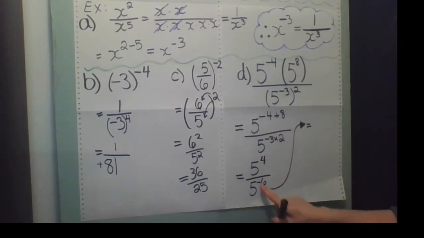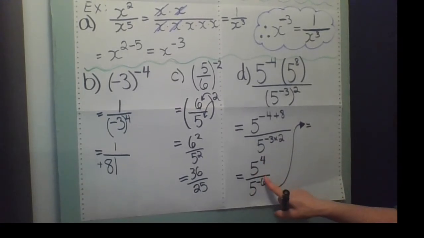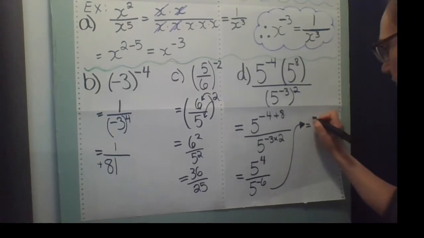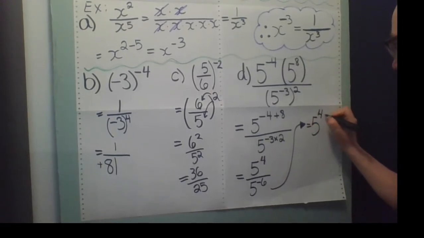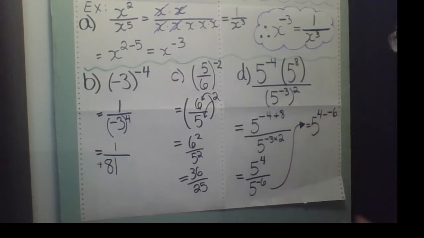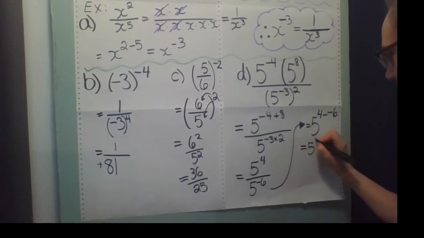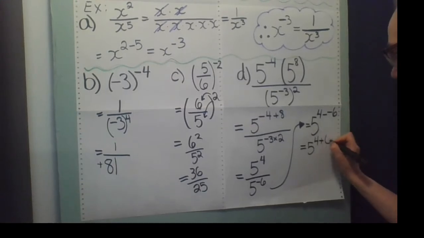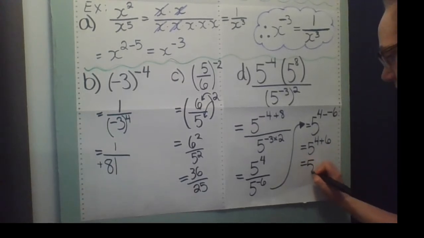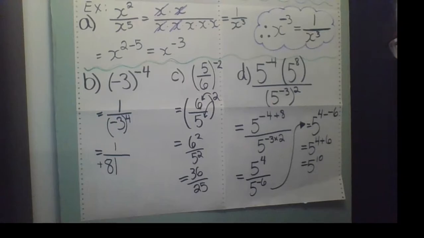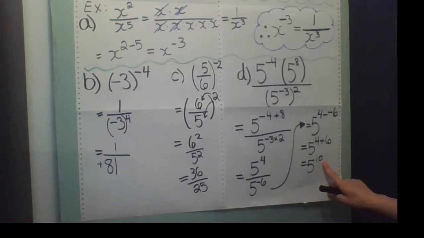Now I've got the same base and it's dividing, so let's subtract my exponents. You end up with 5 to the exponent 4 minus negative 6. And when you're subtracting a negative, guess what? That becomes a plus. So you really have 4 plus 6. In this case, I didn't even have to worry about negative exponents. It simplifies out to 5 to the positive 10.